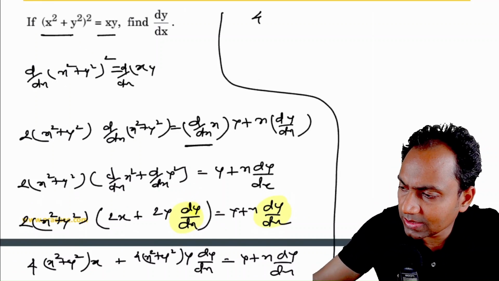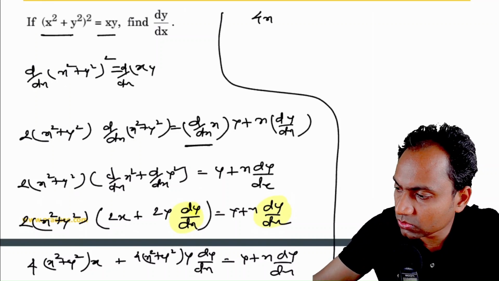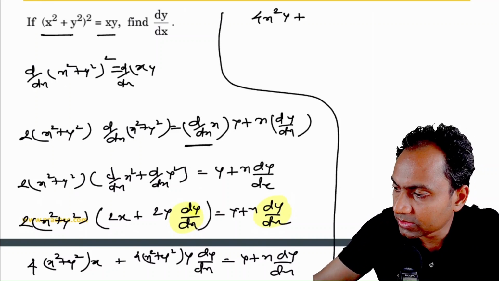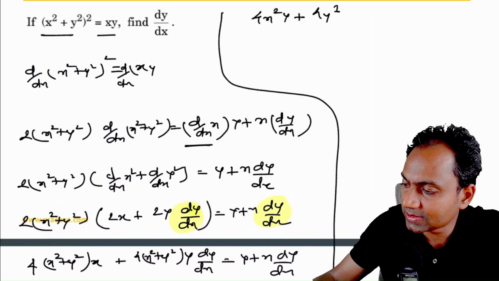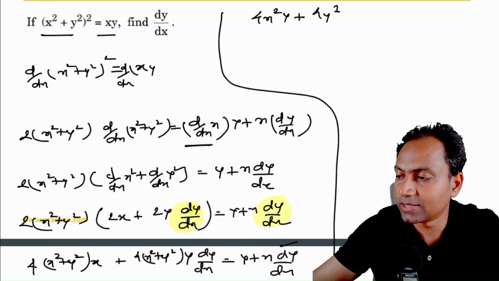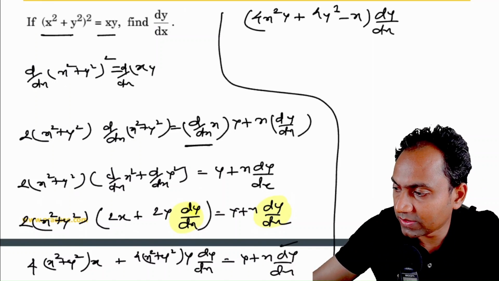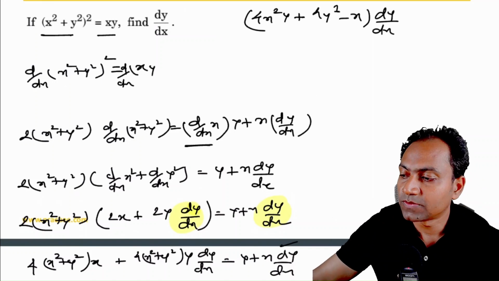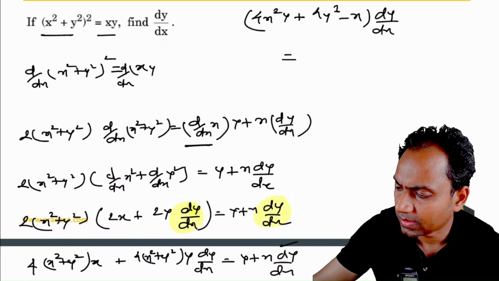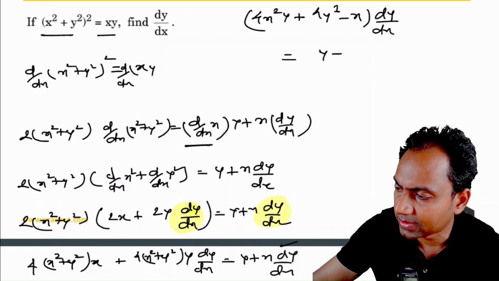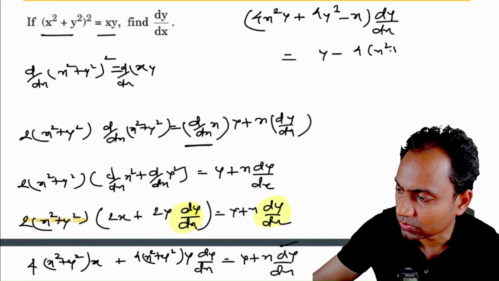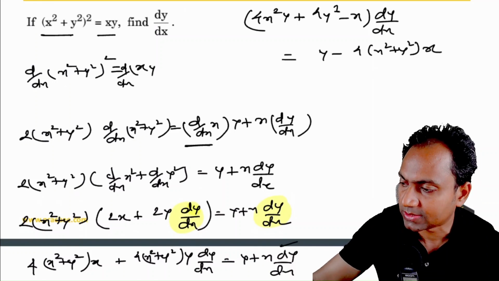So let us write this as 4x square y plus 4y cube. If I take this x dy by dx on the left hand side, this will also get subtracted. Dy by dx we can take common. So this will become nothing but equal to 4y minus 4x square plus y square into x.